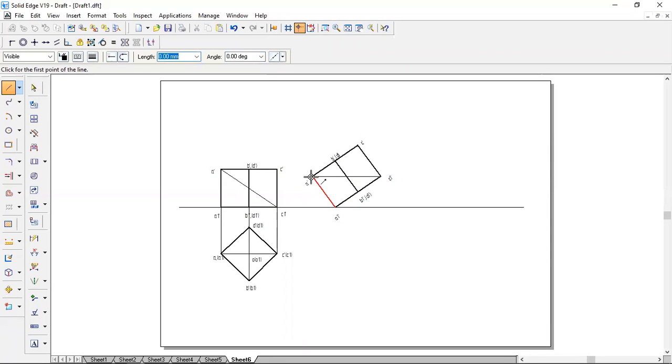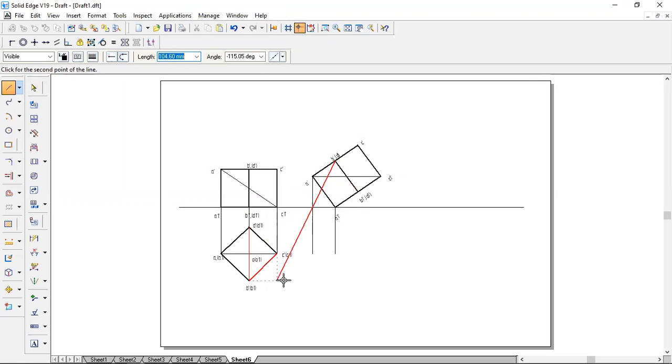Now draw the top view by projecting from each corner of the base. So this is a dash and a1, then b dash comes here, and this is going to be b.